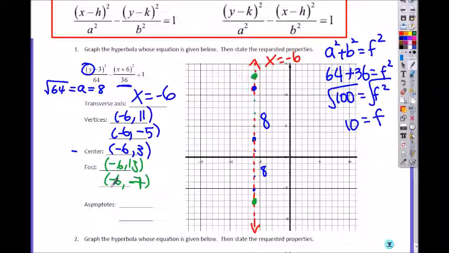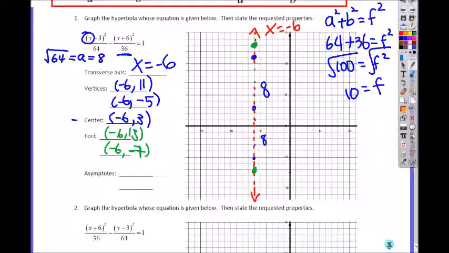Now, we have to draw the asymptotes. How do we do the asymptote? You have to draw the rectangle using a and b. So here, a is 8 up. So it has to go through the vertex, right? So this is a. Now you go x direction, horizontally, 6 from the center, left and right. So from the center, you go 2, 4, 6, 2, 4, 6.